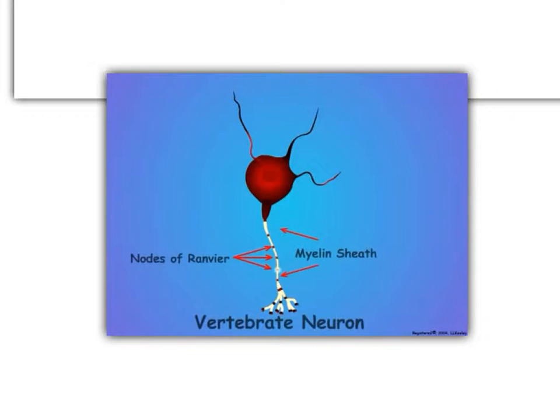Rather, action potentials progress along the axon by saltation or jumping between the nodes of Ranvier. The action potential at one node induces an electrical depolarization in the exposed excitable axon membrane of the next node, which causes the action potential to appear at that node, and so on down the axon.